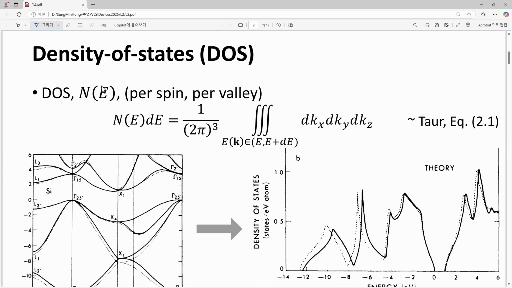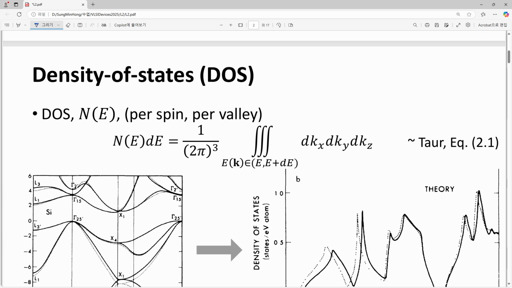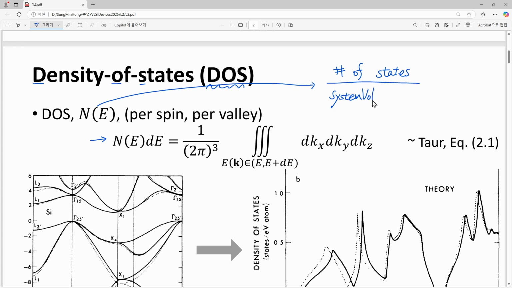Okay, we start from the concept of density of states. Density of states is, shortly speaking, those, and its expression is given here. Density of states means how many states are there per unit volume and energy.